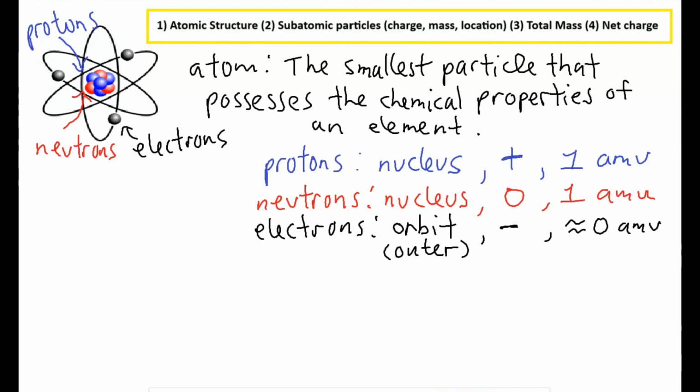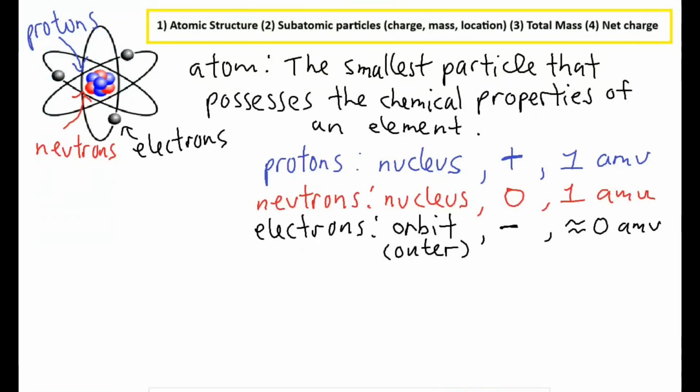What that means is the protons and neutrons are so much larger than the electrons that if you sum up the protons and neutrons and add the electrons onto that, the difference in adding the electrons is so small that we don't really care about it. It's kind of like if a speck of dust fell on top of an elephant, we wouldn't really be worried about that speck of dust changing the weight of the elephant.